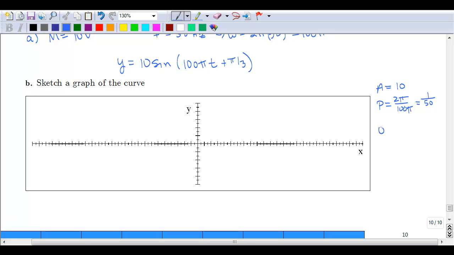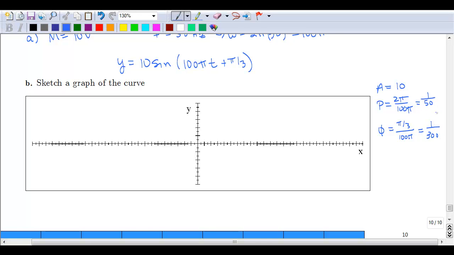That's not too bad. Our phase shift is pi over 3 divided by 100 pi, so we end up with 3 over 100. So we end up with 1 over 300. So we got 1 over 50 and 1 over 300.